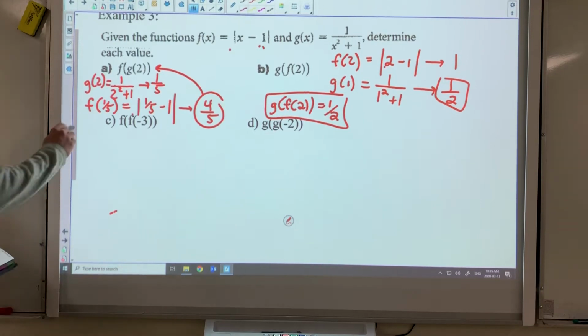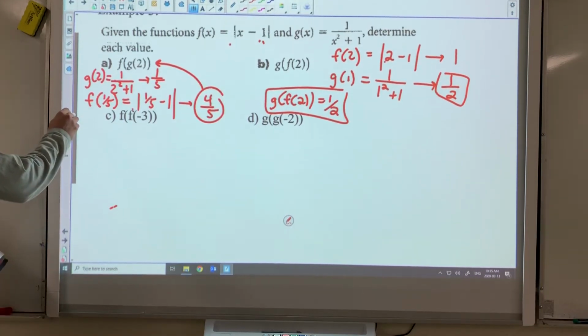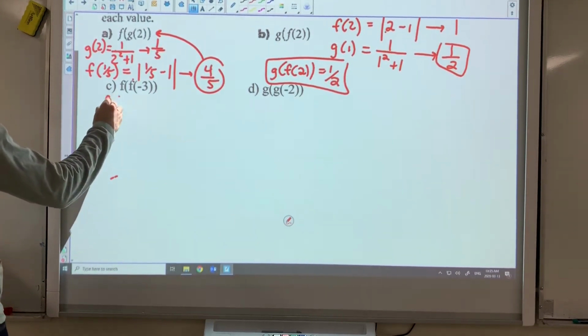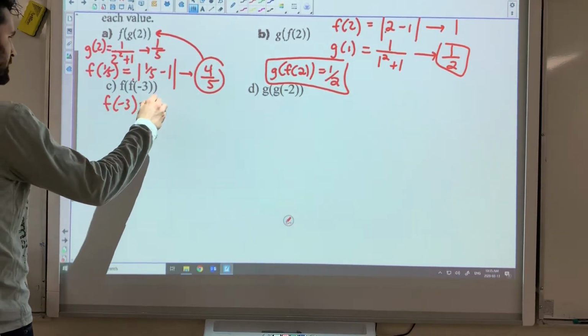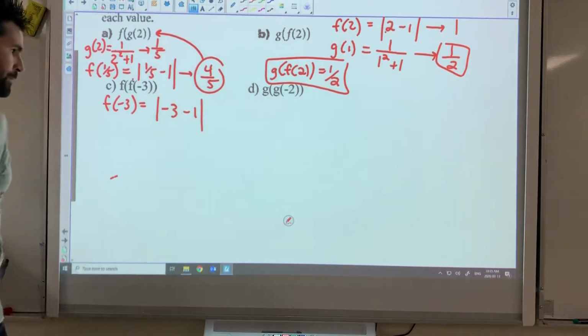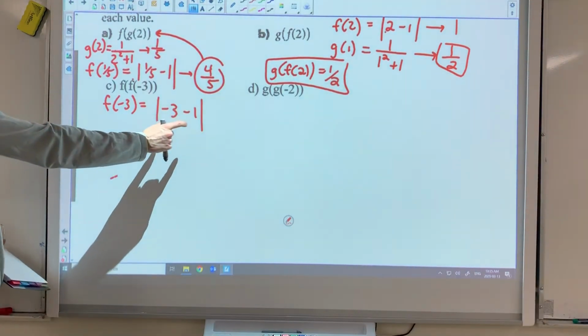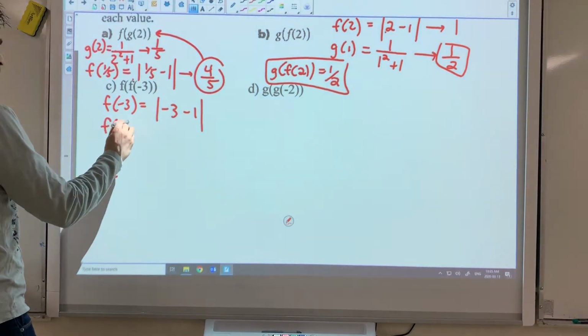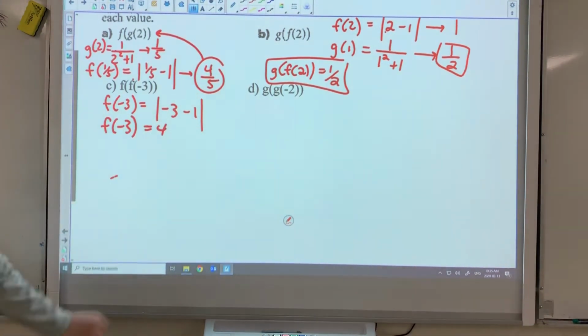All right, let's do C. So we're plugging f of x into itself. So we're going f of negative 3, and that's the absolute value, like this. What is it? Minus 1, right? So negative 3 subtract 1. Now that gives us negative 4, correct? But then when you do the absolute value, what do you get? Positive 4.